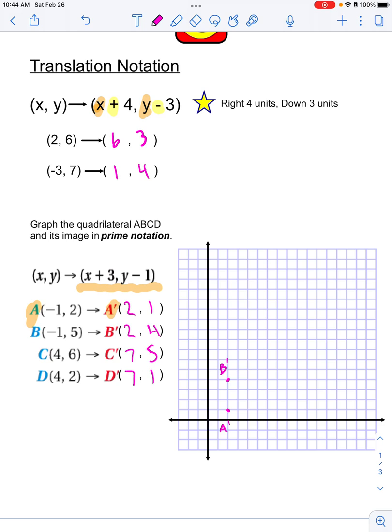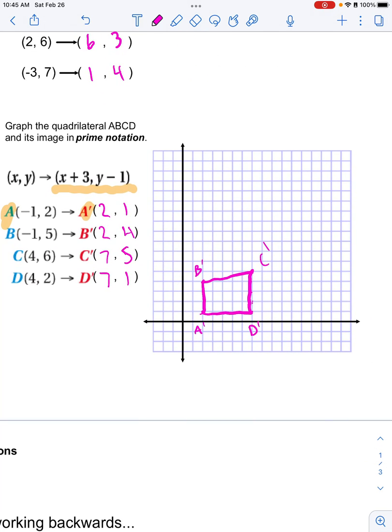Then 7, 1 is D prime, and then I go up to 7, 4, C prime. So that looks to me like a trapezoid.